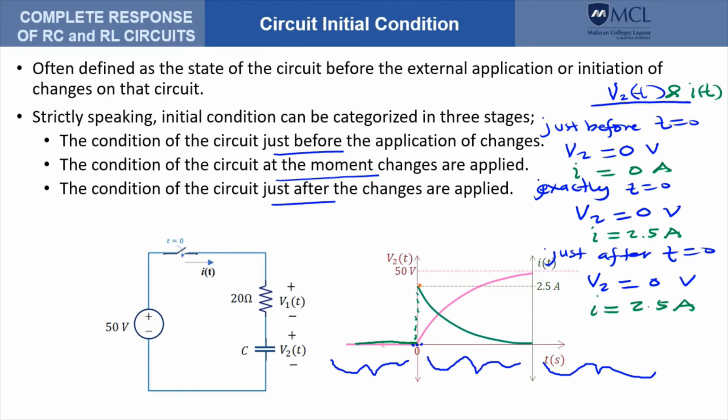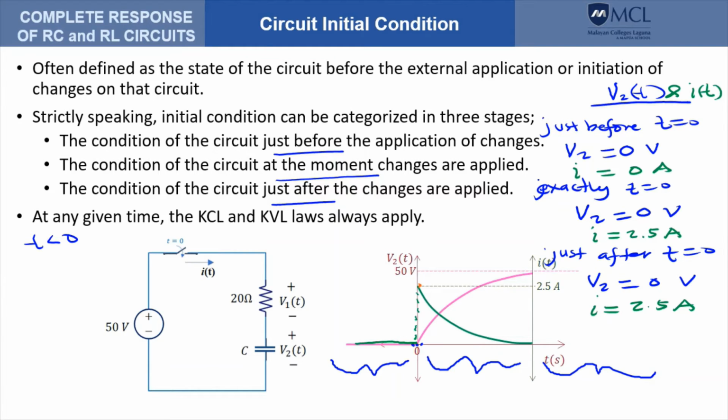Regardless of what time you are at, KCL and KVL still apply. What do I mean by that? For example, at t before 0, let's say t equals negative 1 second, you should be able to apply the KVL equation.